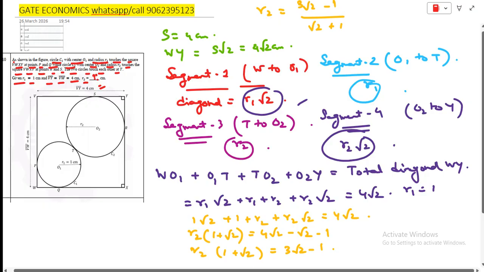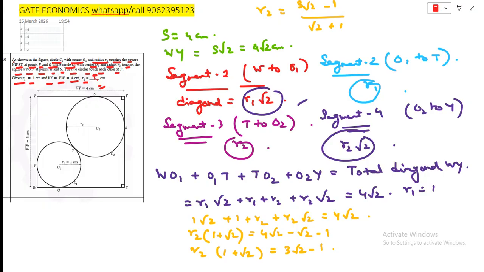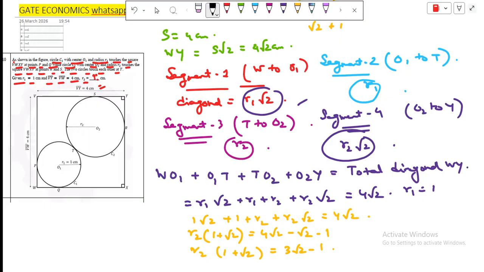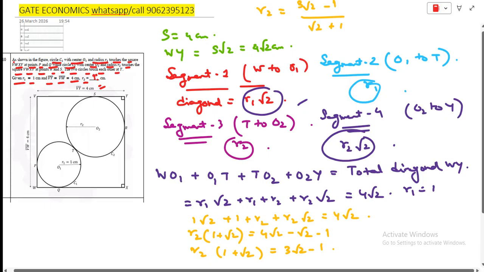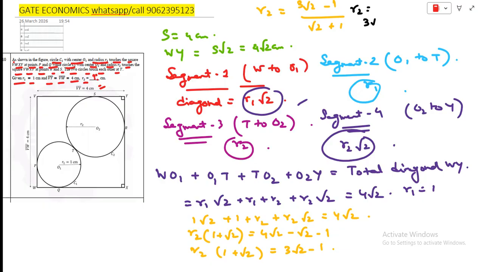Now to solve this, we multiply by the conjugate, root 2 minus 1. Now this is the math equivalent to a reverse Uno card. So we get R2 equal to 3 root 2 minus 1 into root 2 minus 1 by root 2 plus 1 into root 2 minus 1. Now the denominator will be root 2 square minus 1 square, that is 2 minus 1, that is 1.